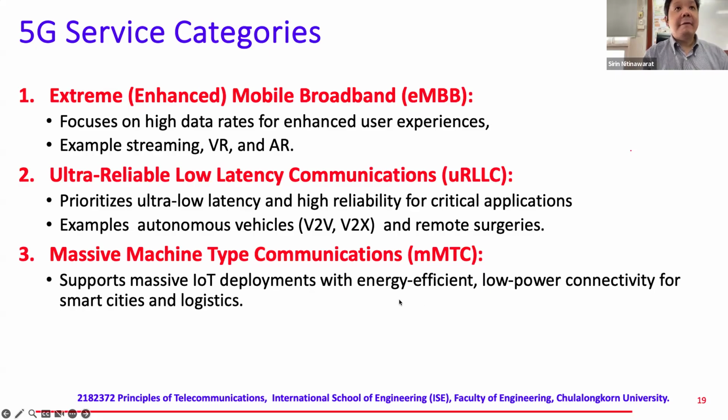Something like smart factories, where you want to get the sensor data from all the factory devices to be able to orchestrate the factory in a more efficient and autonomous fashion.